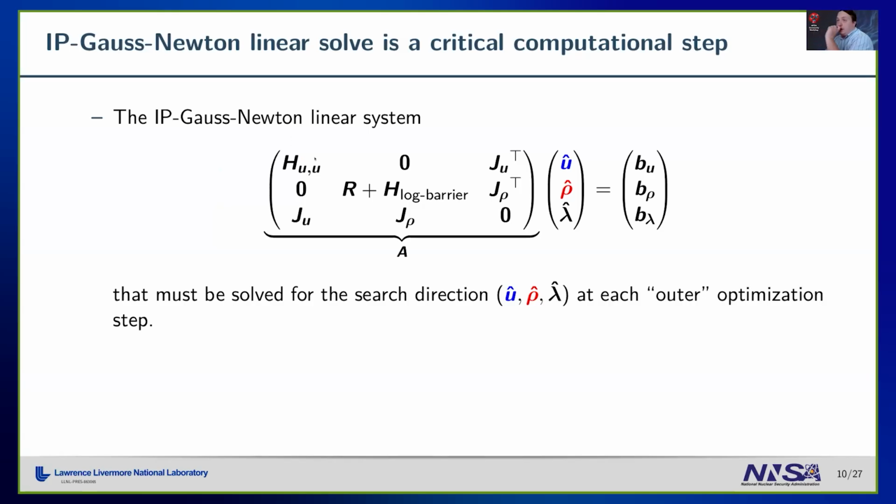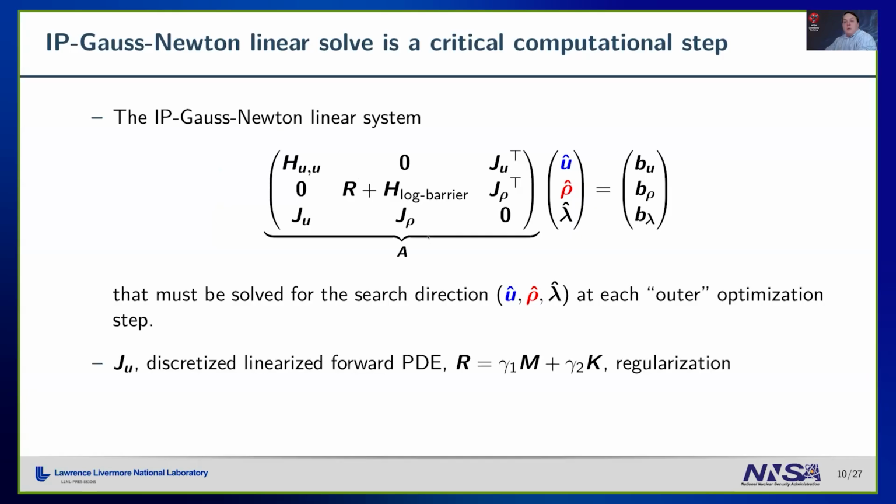I should say that H is going to refer to the Hessian of the objective with respect to the state. R is the Hessian of the objective with respect to the parameter, and J are Jacobians of the PDE constraint with respect to U and rho. So JU is the discretized linear forward PDE operator.